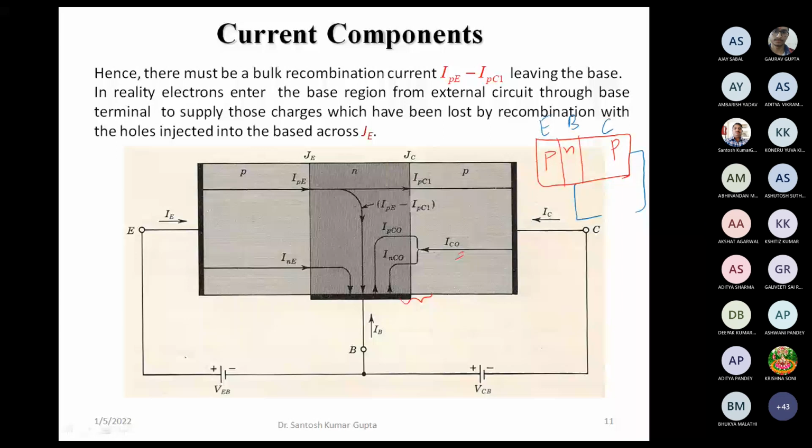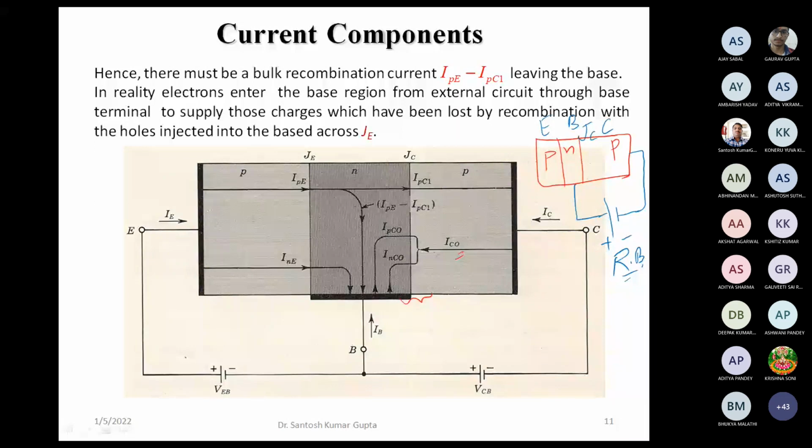Now we are concentrating on the collector junction, which we are reverse biasing. We can reverse bias this collector junction by applying positive polarity of the voltage on the N side and negative polarity on the P side.